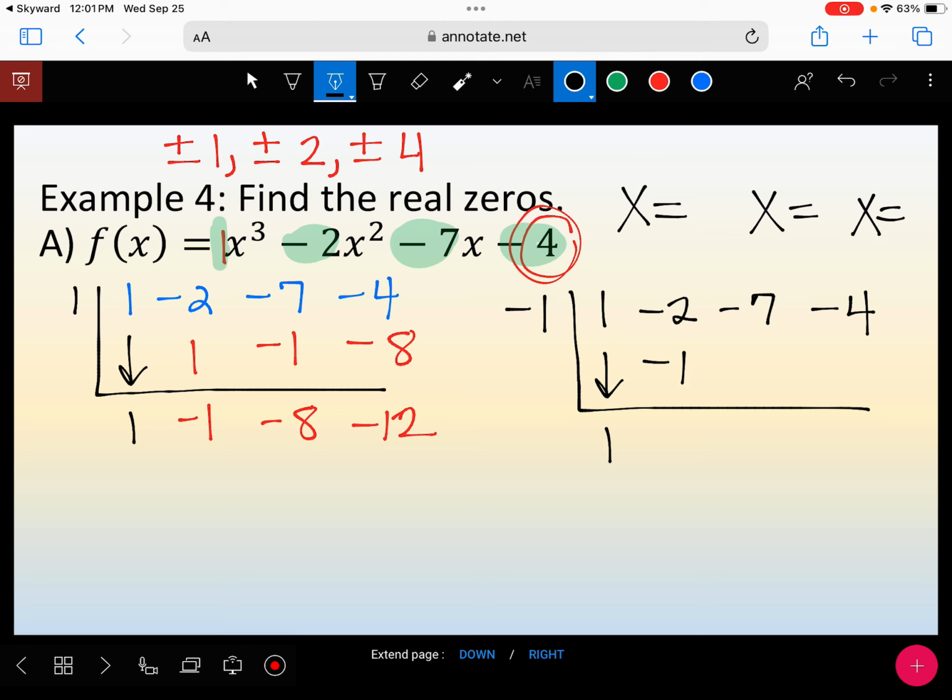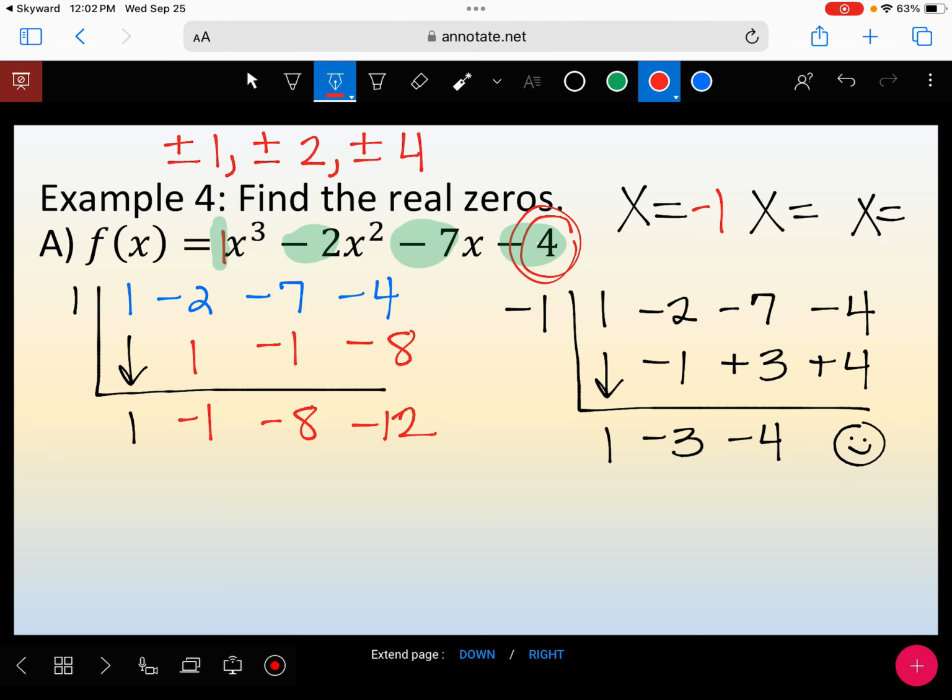Put it under the -2. You add. You get -3. -3 times -1 is +3. When you add, we get a -4. -4 times -1 is +4. And look at that. We got 0. So my first answer is -1.